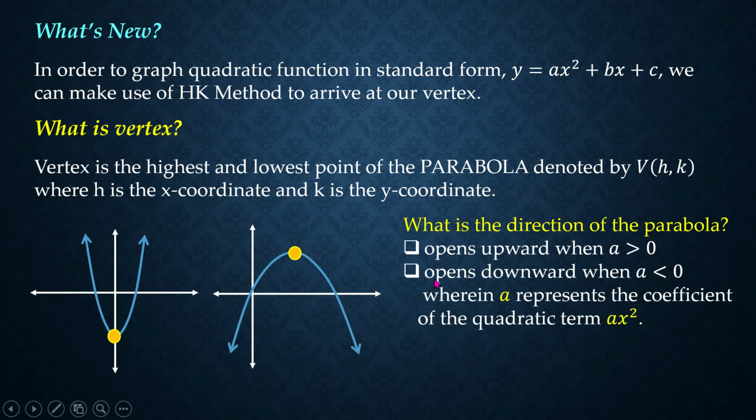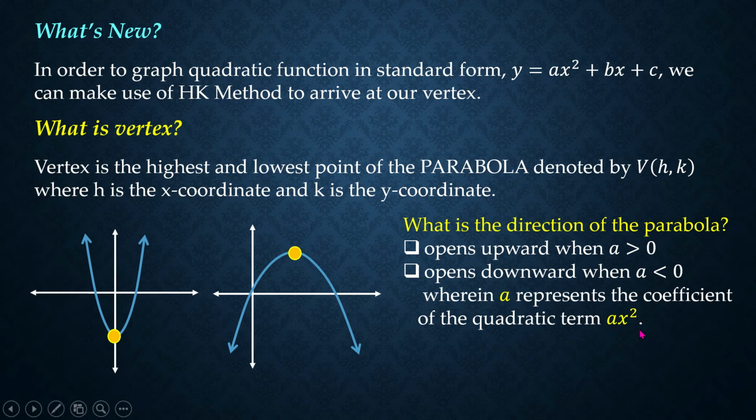How about when it opens downward? It opens downward when a is negative, the value of a is less than 0. That is, numbers less than 0, obviously negative numbers, where a represents the numerical coefficient of the quadratic term ax squared.